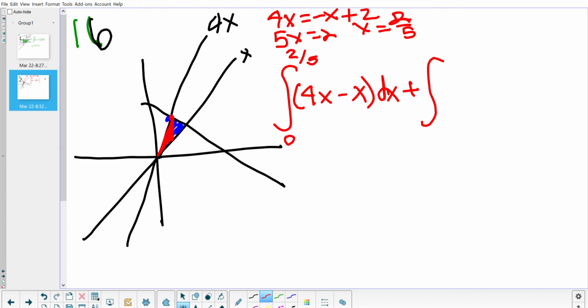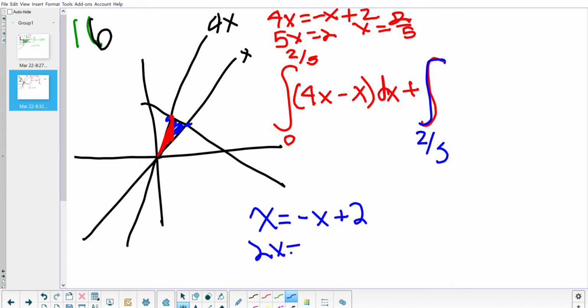I should switch to blue here. The blue area that's left goes from x equals 2/5 to, again, we don't know, but that's where x intersects negative x plus 2. So that's 2x equals 2, so that's when x is 1.